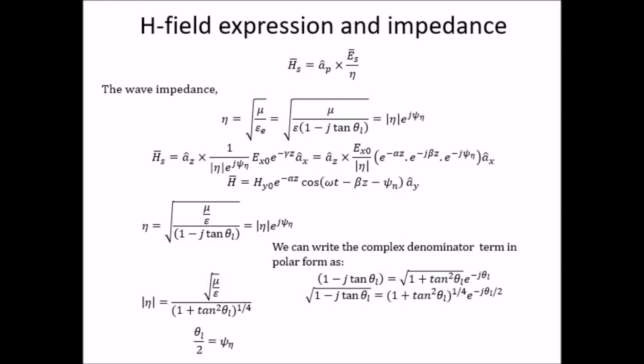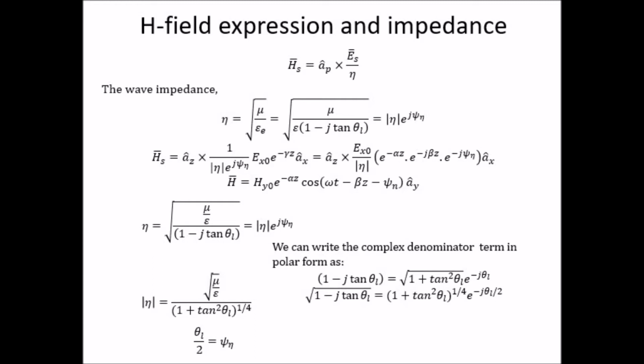If you recall the formula for wave impedance, for a perfect dielectric, the wave impedance was square root of mu over epsilon. But for a lossy dielectric, the formula is square root of mu over the complex permittivity, or effective permittivity. And epsilon_c, the complex permittivity, is equal to epsilon times (1 minus j tan theta_L).